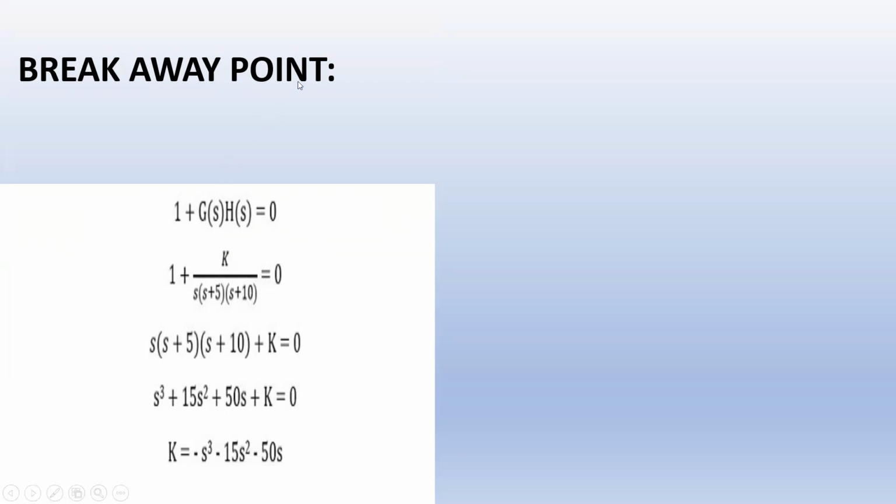To find the breakaway point, we differentiate K with respect to s, which gives minus 3s square minus 30s minus 50.